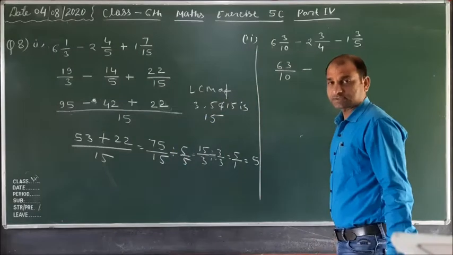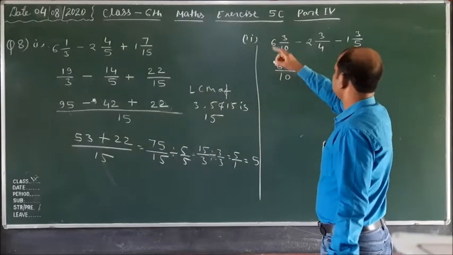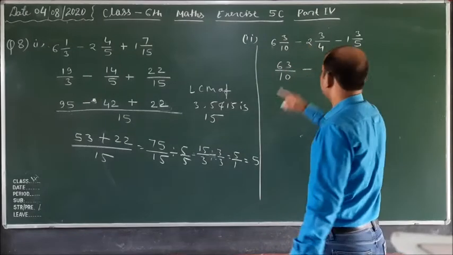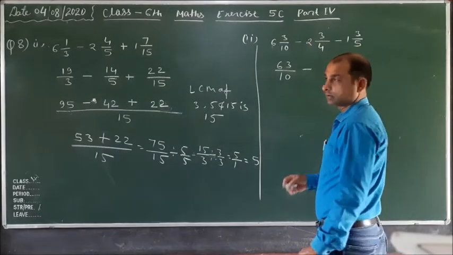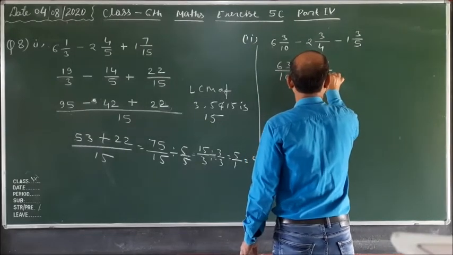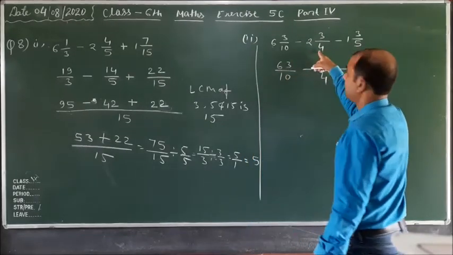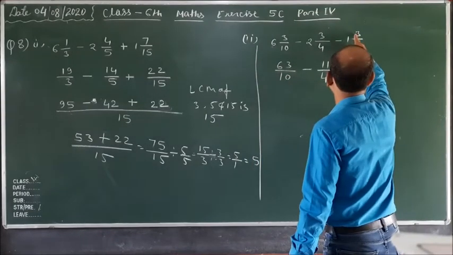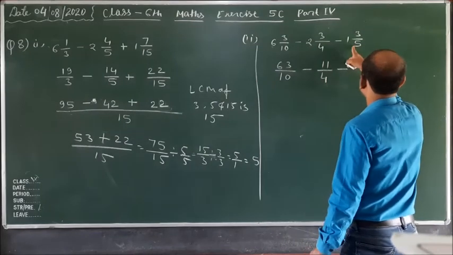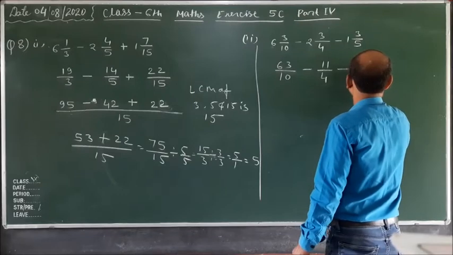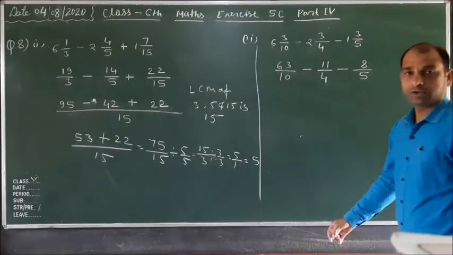Now 4 multiplied by 2 equals 8, 8 plus 3 equals 11 upon 4. Now the next question, 1 whole 3 by 5. Then 5 times 1 is 5, plus 3 equals 8 upon 5.